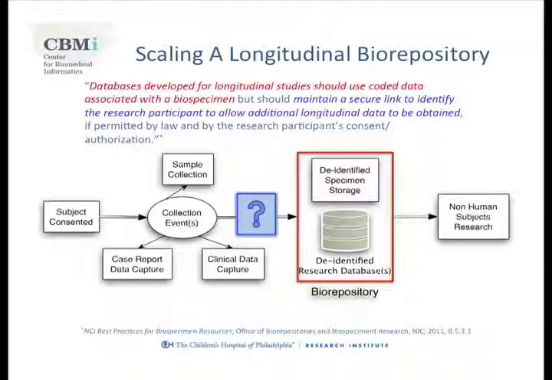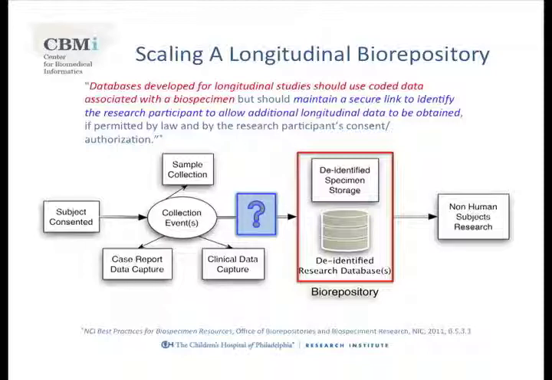This large quote is from the NCI best practices for biorepository portals. The portion in red basically indicates that the sample data should be associated with some sort of coded health data in a de-identified data storage system. That's achievable enough, and that's not so bad.